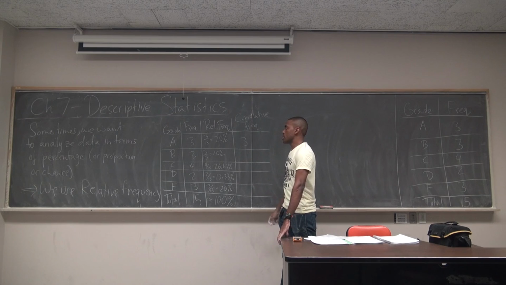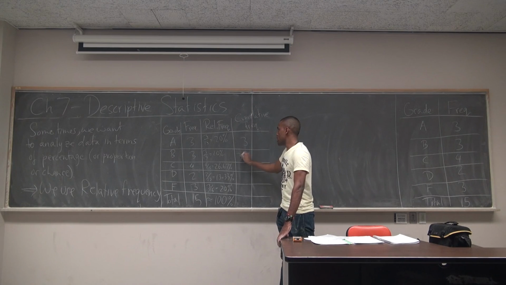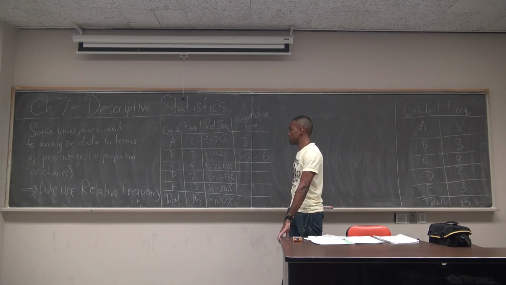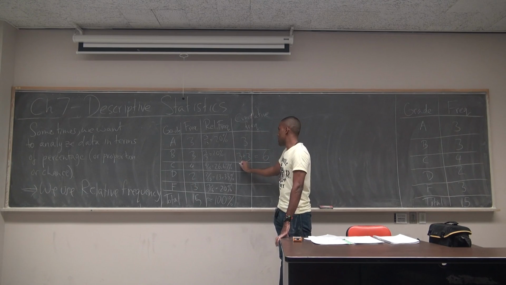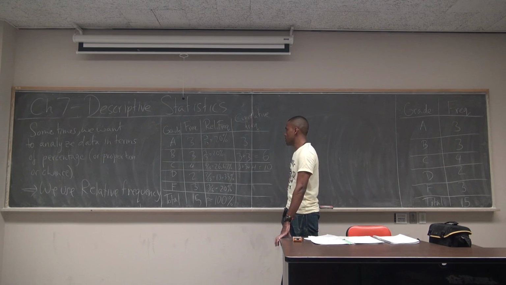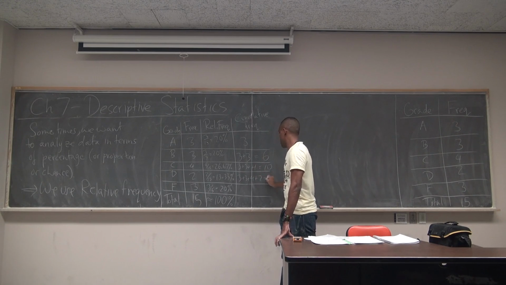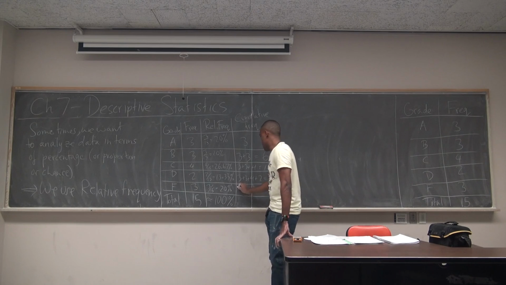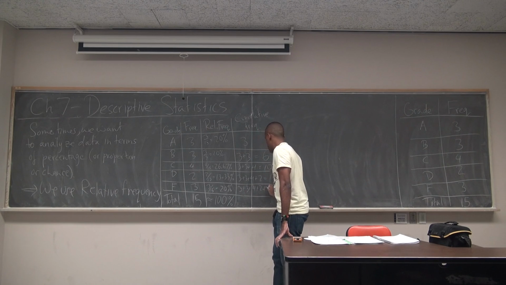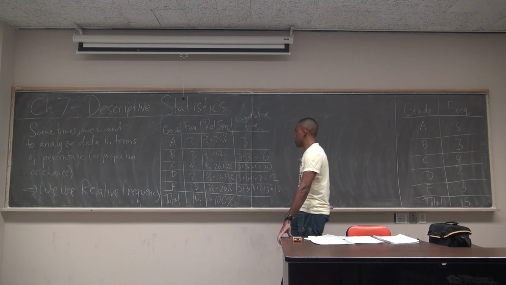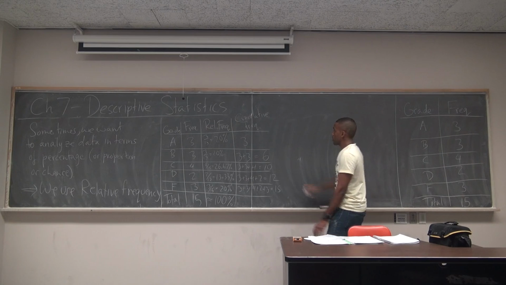And at B, it will be 3 for B plus the 3 that came before, so there's a 6. For C, it would be that 3 plus the 3 plus now 4, which is 10. And this would be that 3 plus the 3 plus the 4 plus the 2, which is 12. Then that would be a 3 plus a 3 plus a 4 plus a 2 plus a 3, which gives me 15 ultimately. Right?